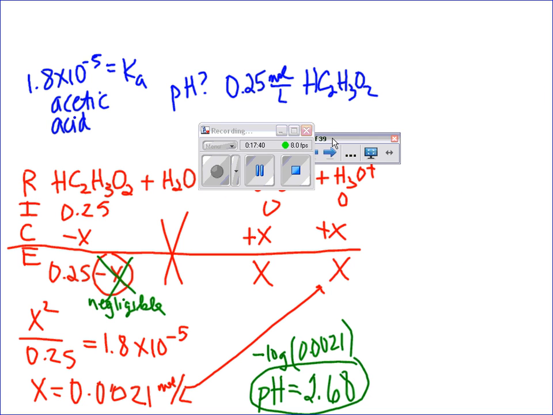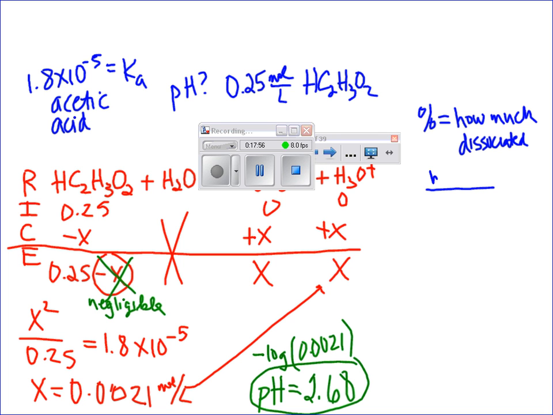So I'm going to go ahead and do this to the side. Percent dissociation is how much dissociated. You take how much actually left the acid over the total concentration of the acid.